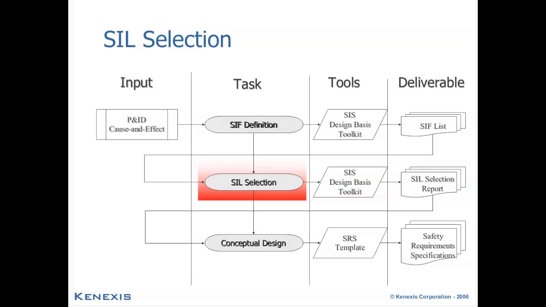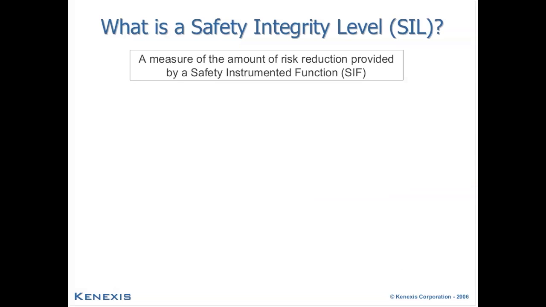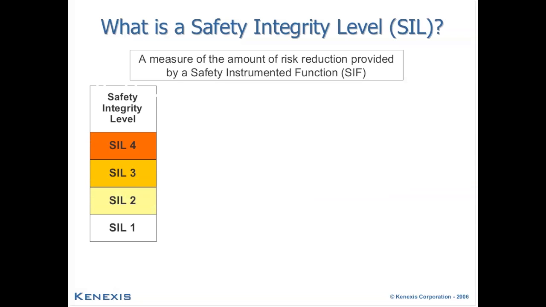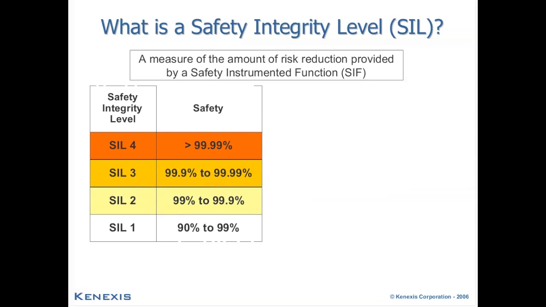So what we are trying to convey here is that for every safety function on that SIF list, we have gone through and selected an appropriate safety integrity level target for those safety functions, based on some analysis protocol which looks at the hazard, the potential severity of the hazard, the likelihood of the hazard, and determines the amount of risk reduction that that safety function is required to achieve.